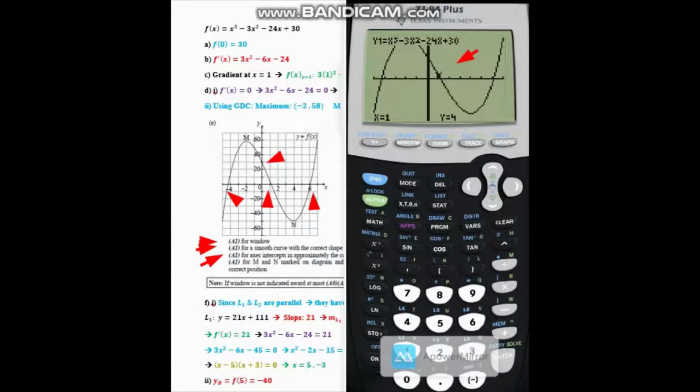So you can get these from the calculator. This is approximately after -4, slightly after -4. This is approximately at 1, and this is approximately at 6. So these are the marks, and finally a mark for m and n, marked correctly on your diagram, the local maximum and the local minimum.